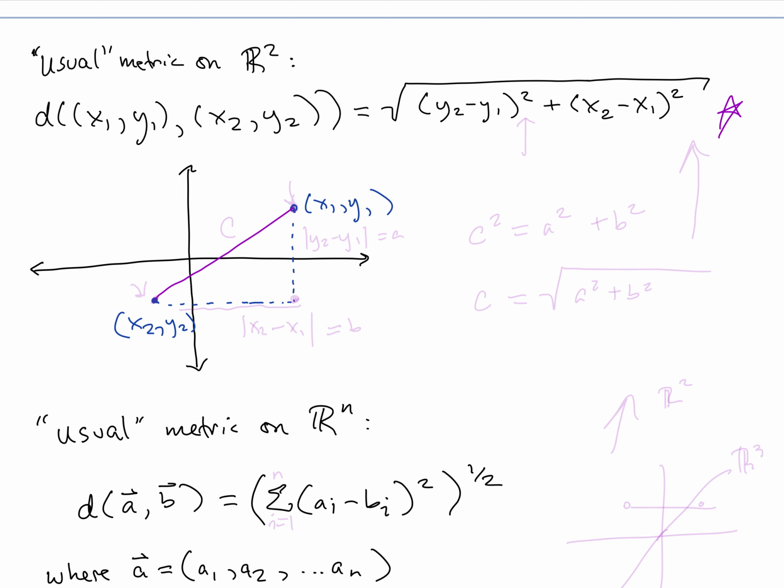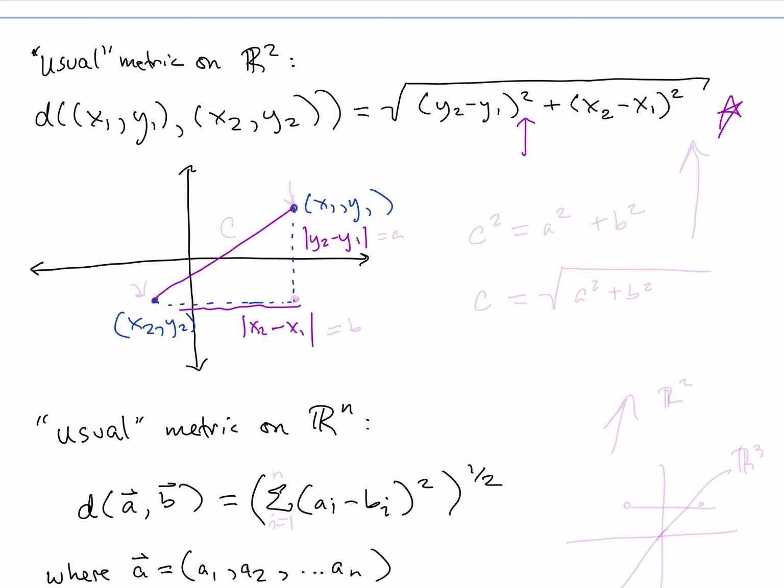And it is given by the distance between y2 and y1, and here, the distance between x2 and x1. We don't need the absolute values really because we're going to be squaring each of those.